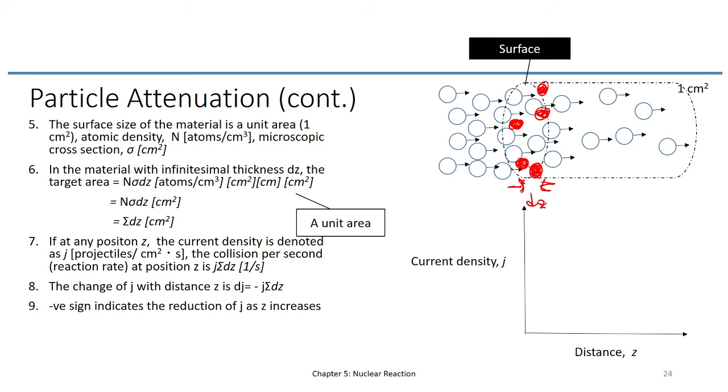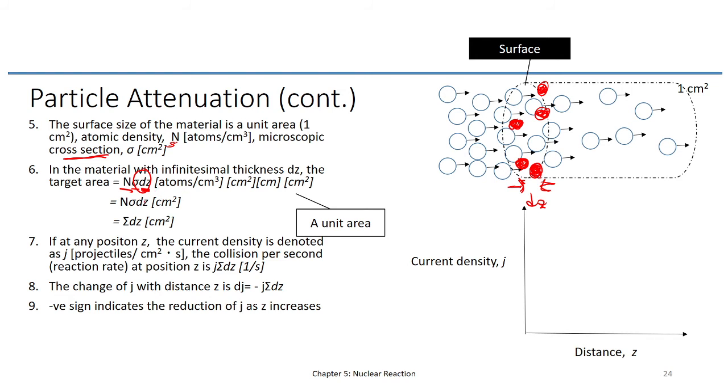So the total area that will collide with the projectile is equal to the cross section. If you have one target nucleus, but now you have N, so N sigma. And dz means that if you have more thickness, you have more target nuclei, which is why dz comes at the end.